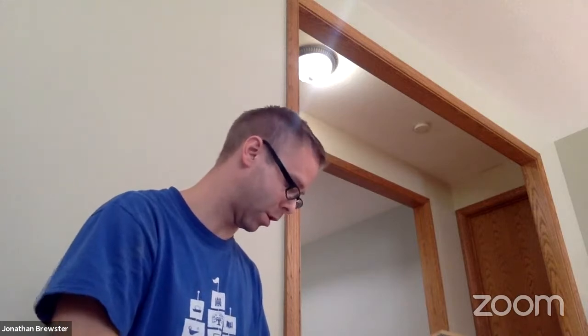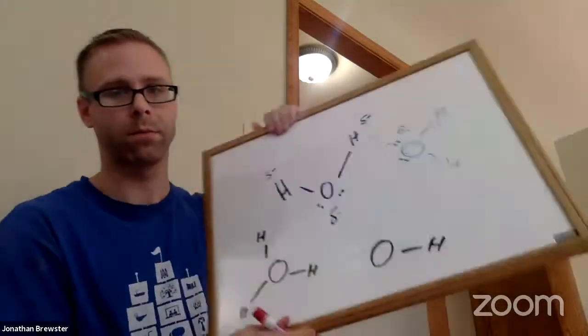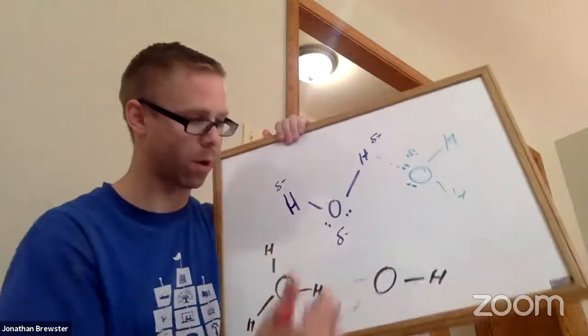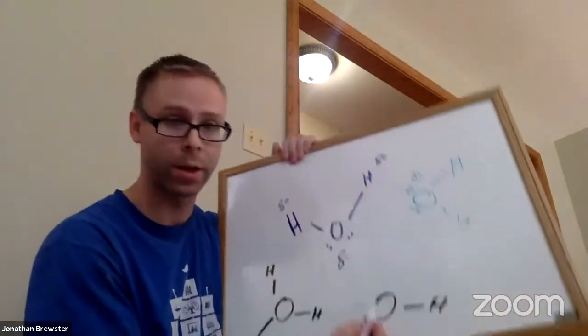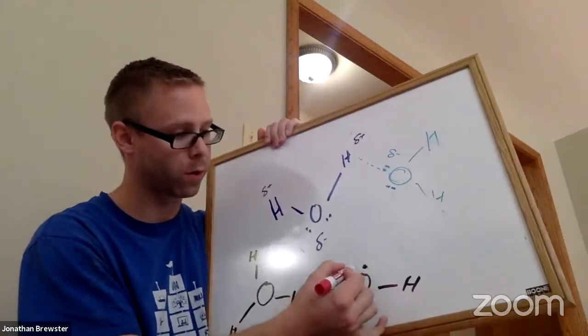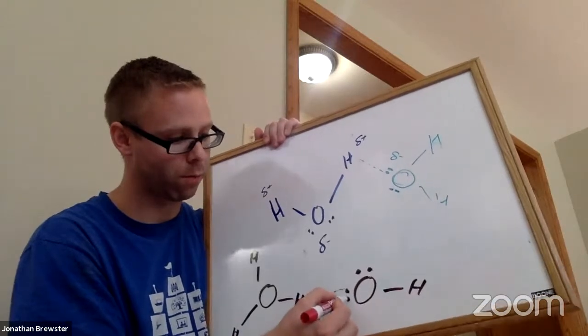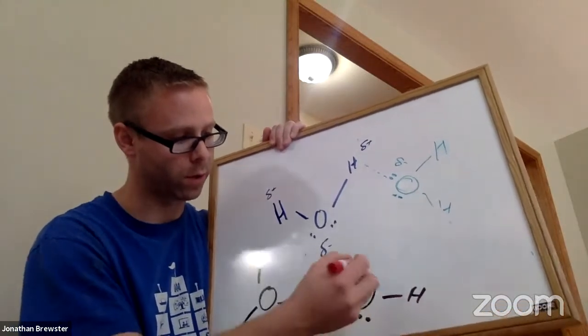H, so that, and so here, oxygen with 3 hydrogens, oxygen with 1 hydrogen. So we're missing a whole bunch of electrons. So 1, 2, 3, 4, 5, 6.